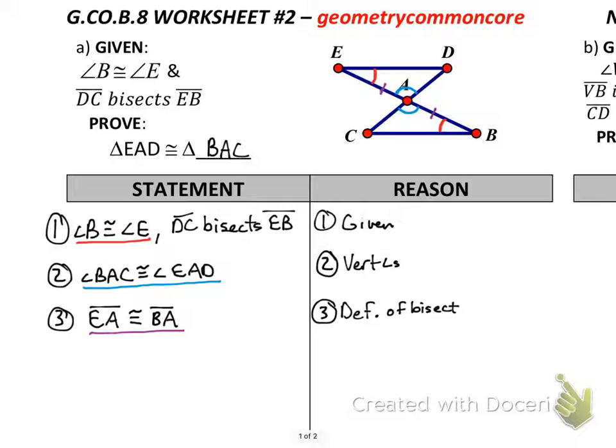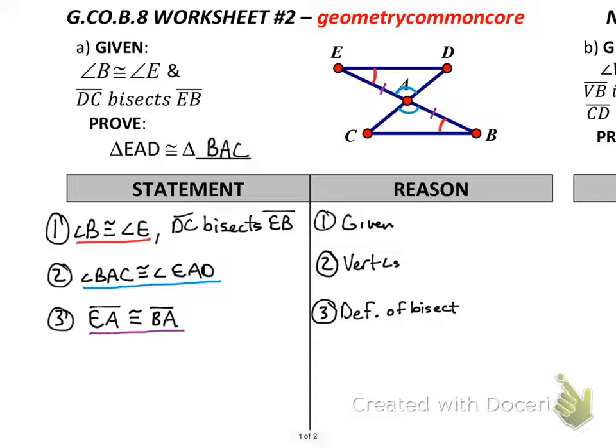So this is the key thing, and I want you guys to remember this. Anytime there is a phrase in your givens, and look at all these proofs, all of them have phrases like T is the midpoint of blah, blah, blah. Or in this case, DC bisects EB. The first one is not a phrase, it's a mathematical statement, a congruent statement between two angles.